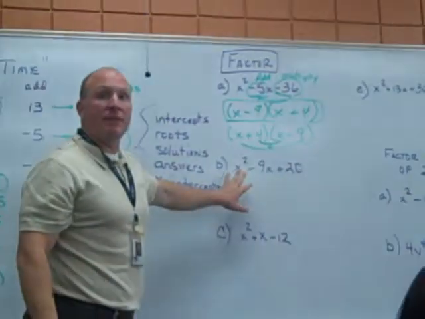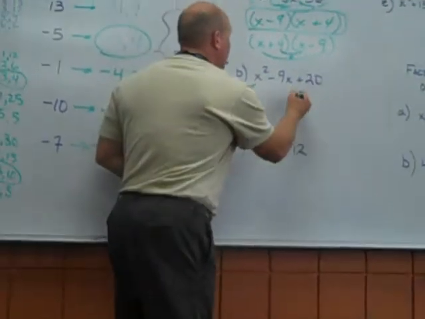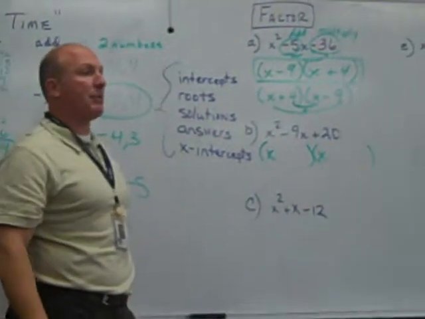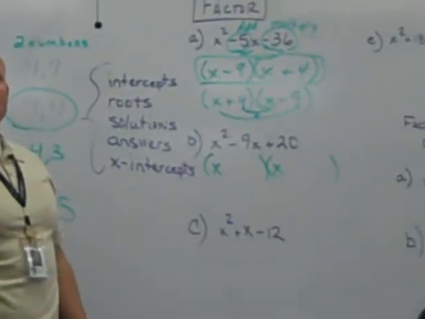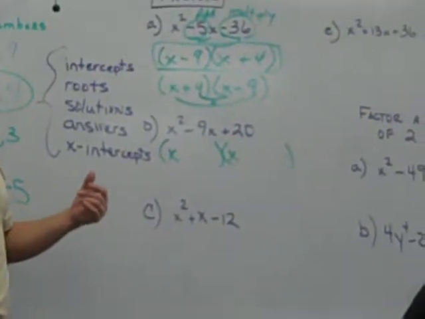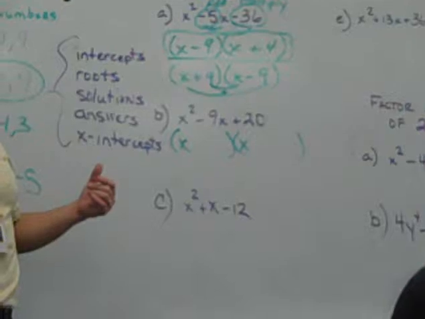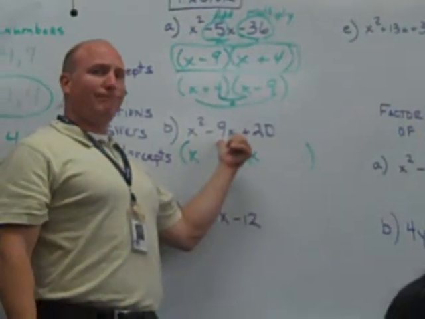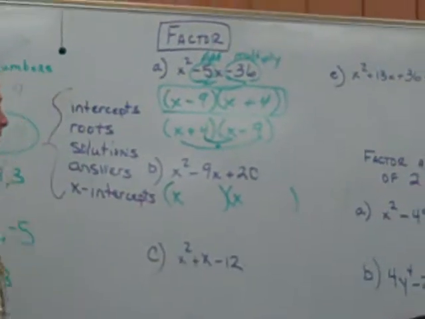Let's take a look here. Give it a shot. See if you can factor it. I'll get you started. All of these tonight, you can start this way. I wouldn't say all, 95% of them. 2 numbers that multiply to give you what? 20. Add to give you? Negative 9.